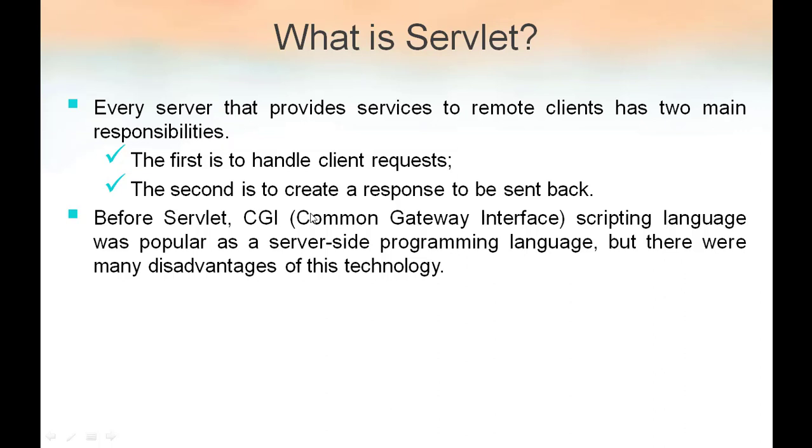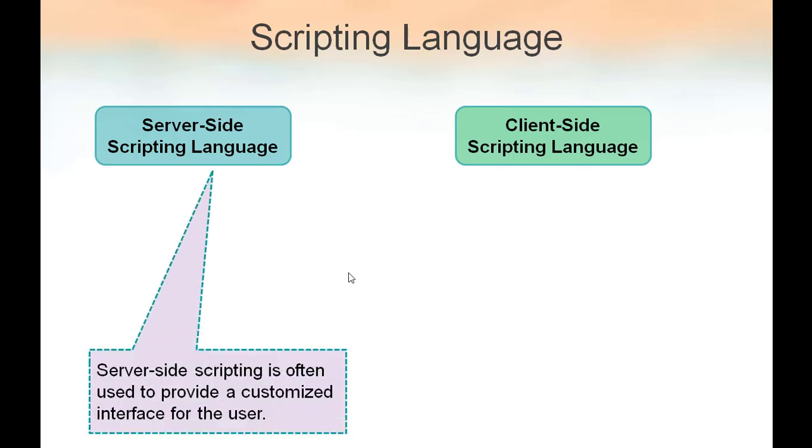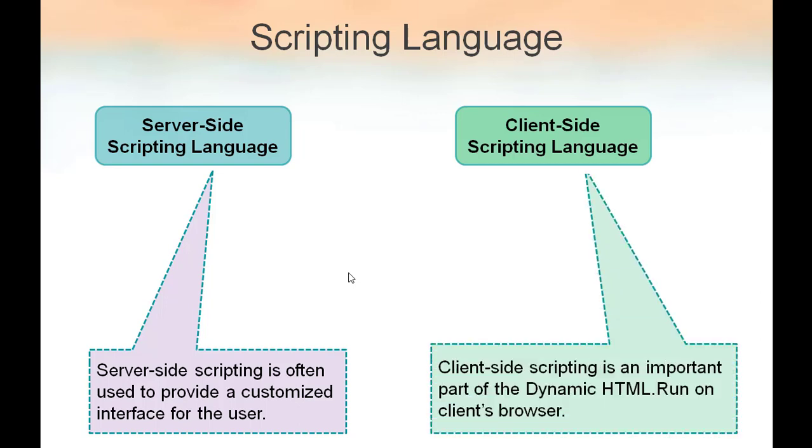Before Servlet, Common Gateway Interface scripting language was popular as a server-side programming language. But there were many disadvantages of this technology. There are two types of scripting language, server-side scripting language and client-side scripting language. Server-side scripting is used to provide a customized interface for user.